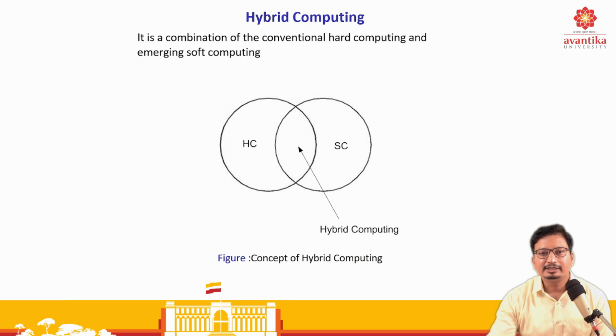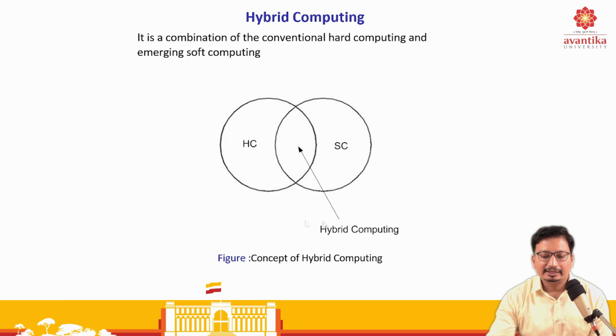Now, at the end, we will see that there are certain hybrid systems also, which generally use the hybridization of hard computing and soft computing. It totally depends on the application where we are using that particular hybridization, if it is required. Hybrid computing is a combination of conventional hard and soft computing.